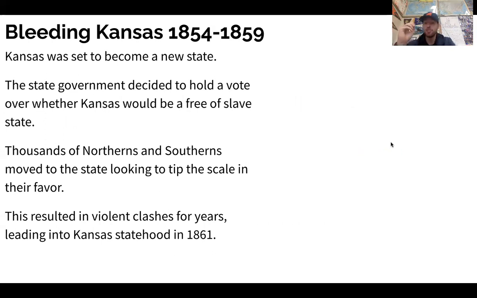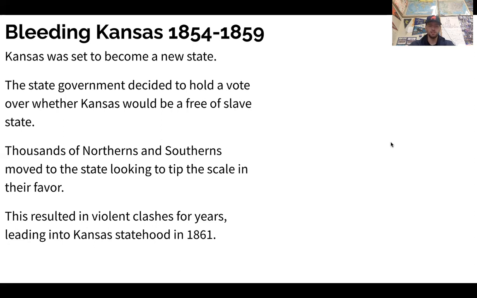As a result, thousands of Northerners and Southerners came in to Kansas, and they were looking to tip the scale in their favor each way, trying to get more votes so that Kansas could either be a slave state or a free state. This resulted in a lot of violent clashes as thousands of people moved in and were trying to settle land. And it killed many people over the course of 5 years.